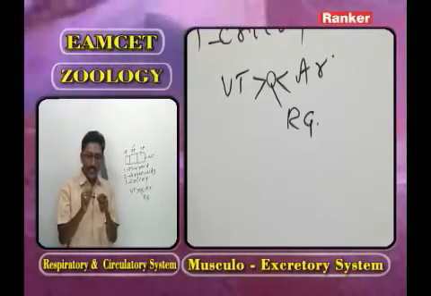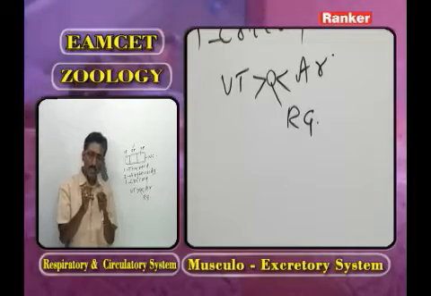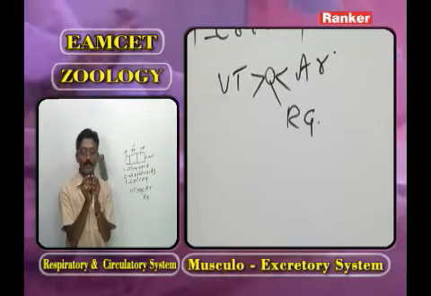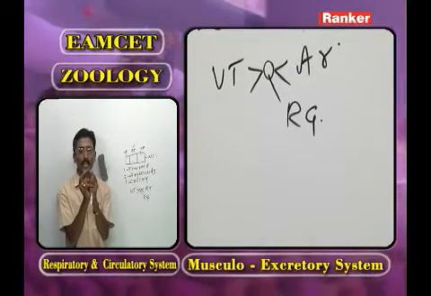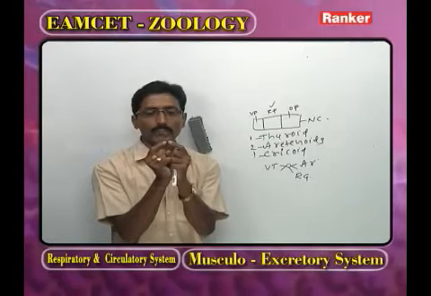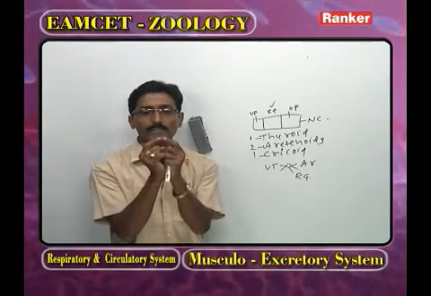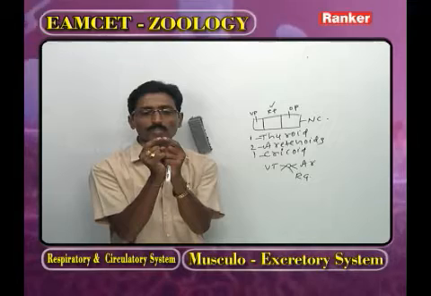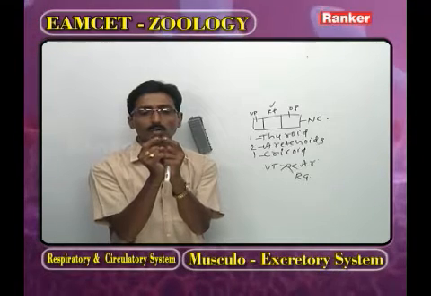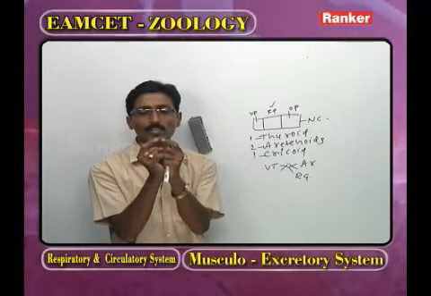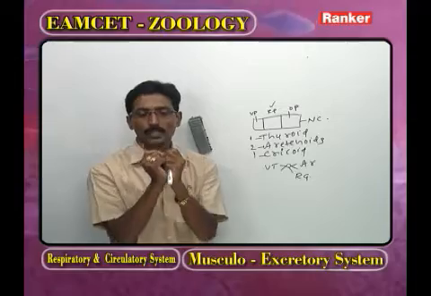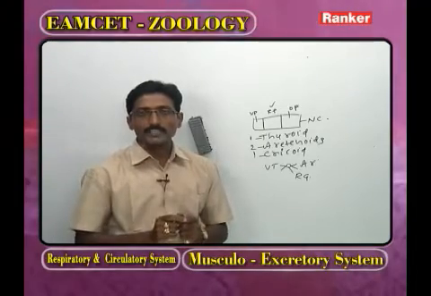So whenever the air passes through rima glottis, now this is one vocal cord, another vocal cord. Between 2 vocal cords, a small opening, that is called rima glottis. Whenever the air passes through rima glottis, the vocal cords vibrate, the sound is produced. So the third statement is correct.